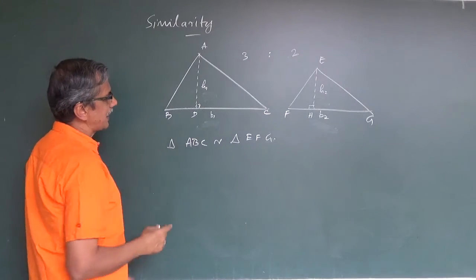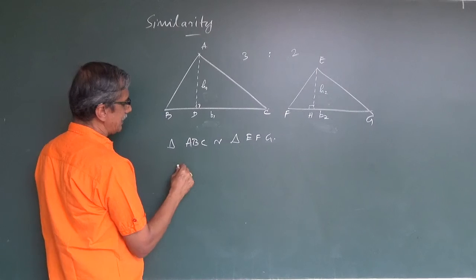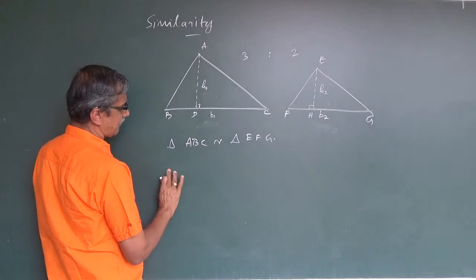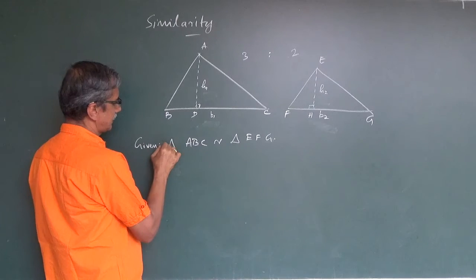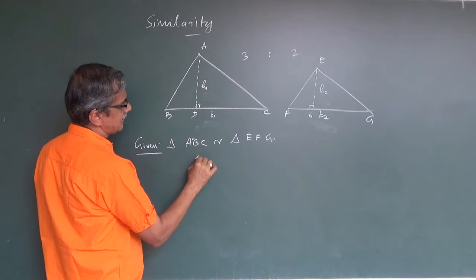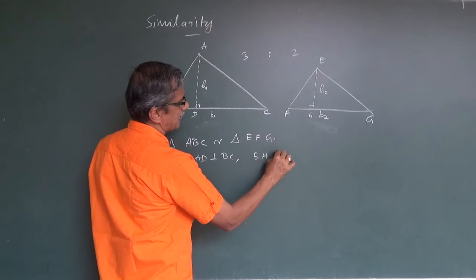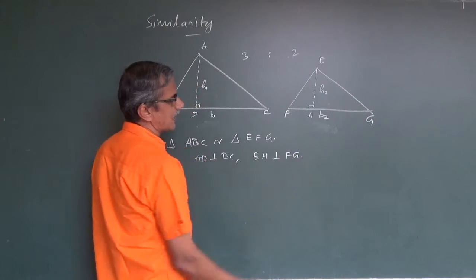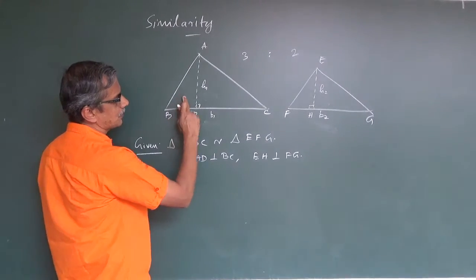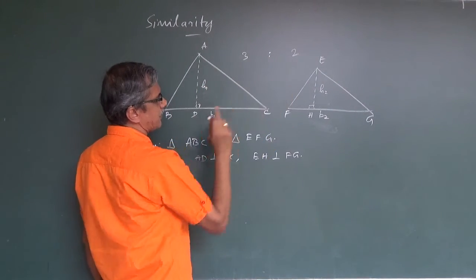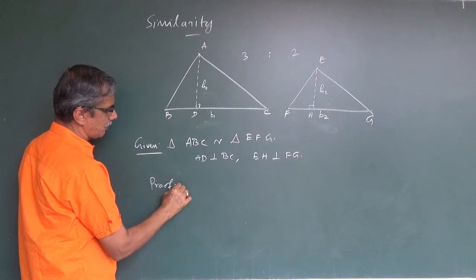AD is perpendicular to BC and EH is perpendicular to FG. These two are altitudes, it is given. Now I have to find out what is the ratio of these two. Let me go to the proof part.